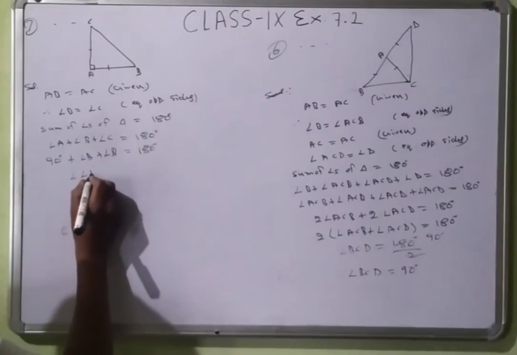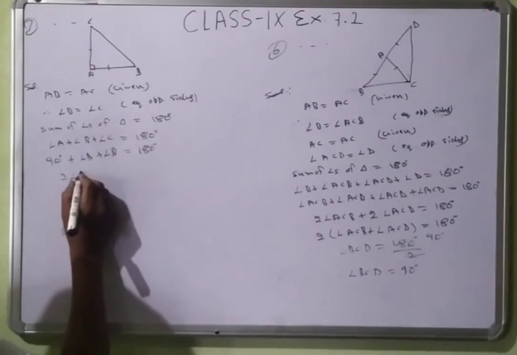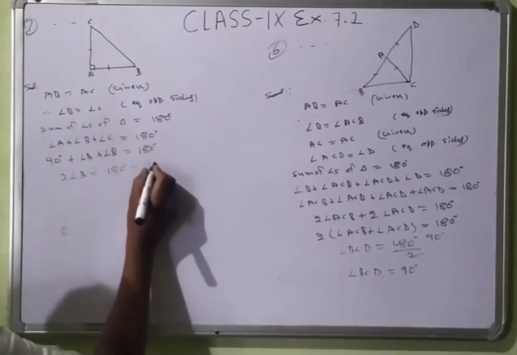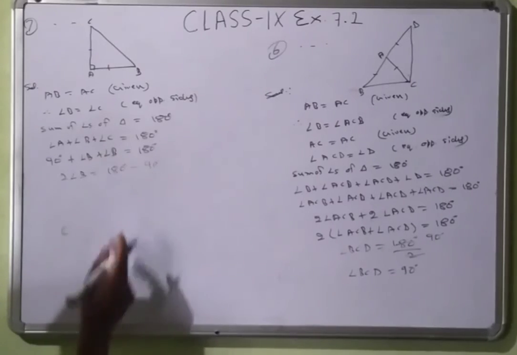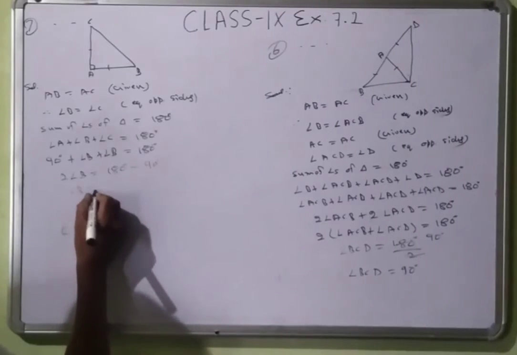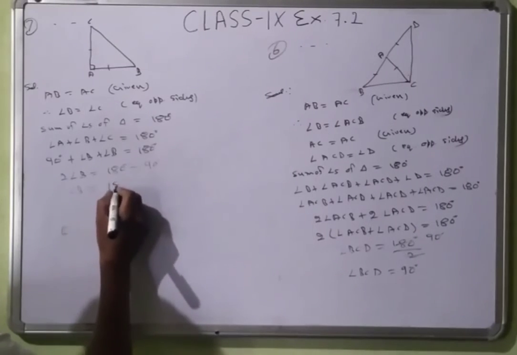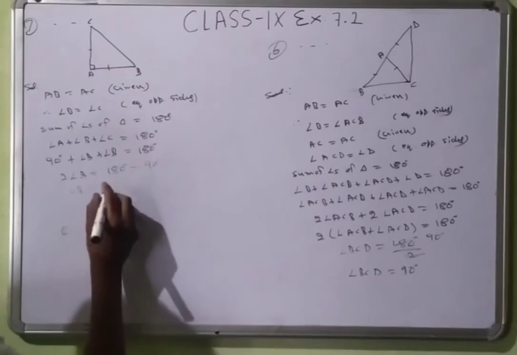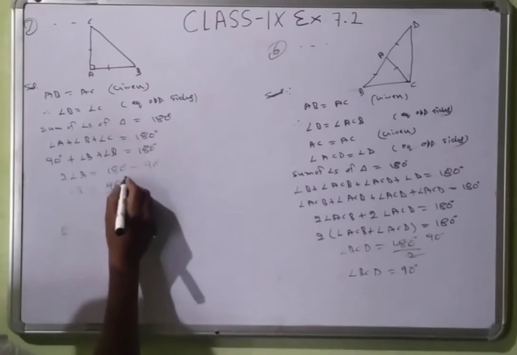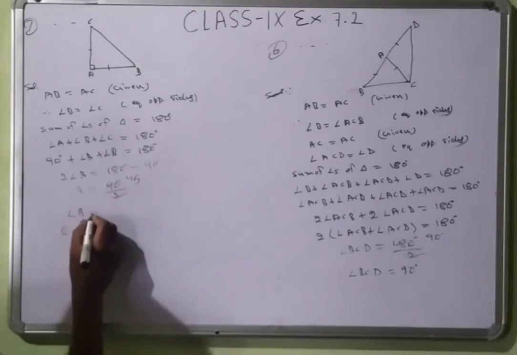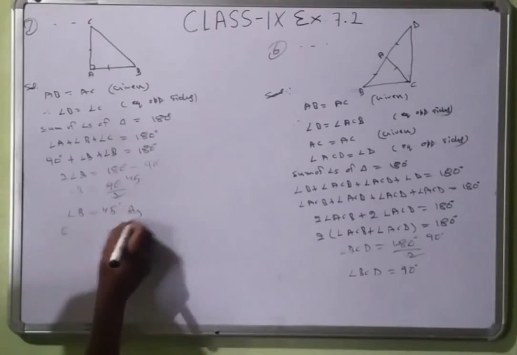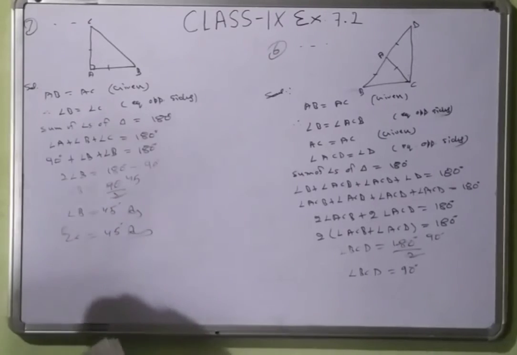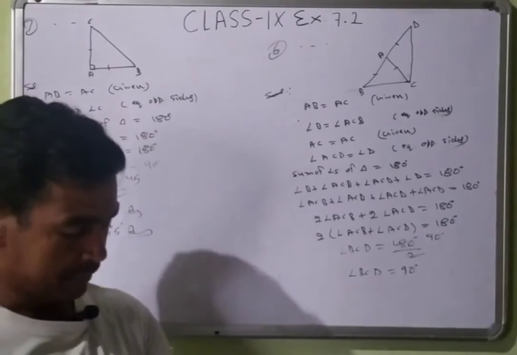So 2 angle B is equal to 180 minus 90 degrees. So angle B is equal to 90 upon 2, which is 45 degrees. Angle C is equal to 45 degrees. This is also an answer.